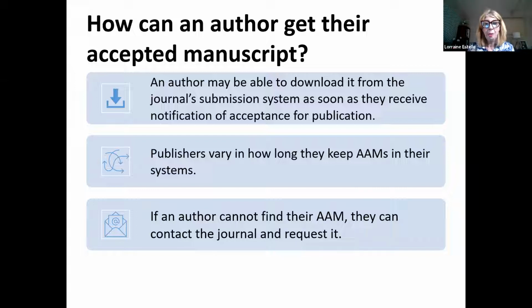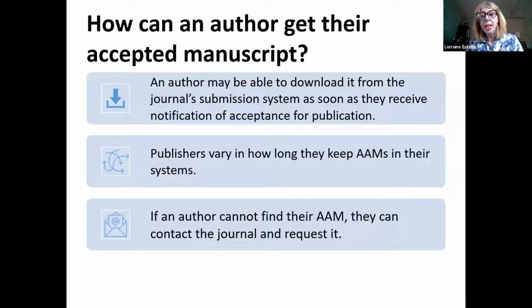This can, though, be a little bit tricky because publishers vary in how long they keep the AAMs in their systems. Some keep them in the systems for quite a long time. Others, the AAM will disappear very quickly after the author has received the notification that their article has been accepted.